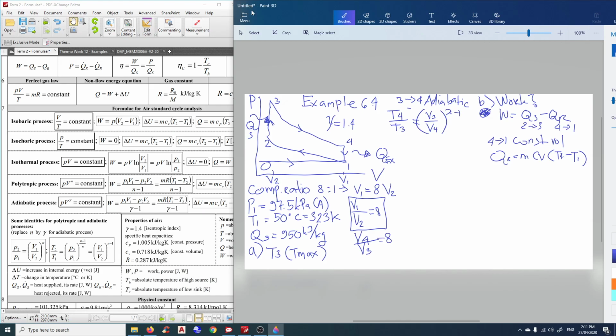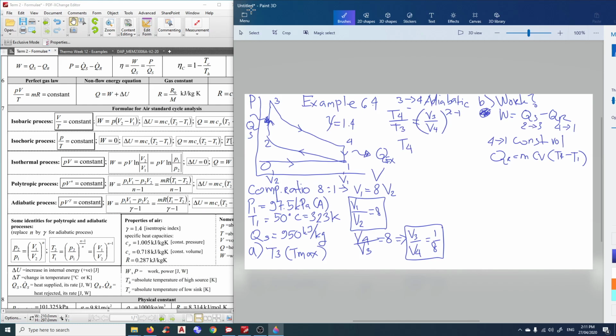Now we have V3 over V4, so we are simply going to reverse that. So V3 over V4 is equal to 1 over 8. Okay, so we have all the information.